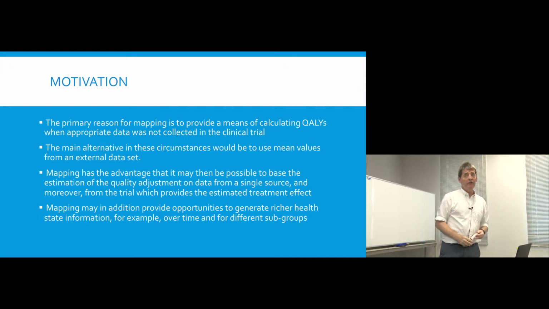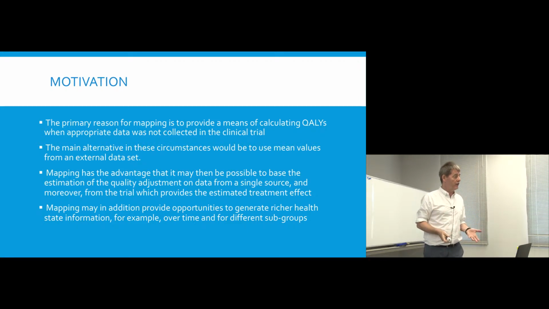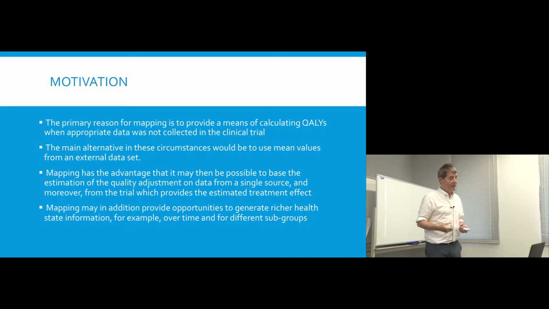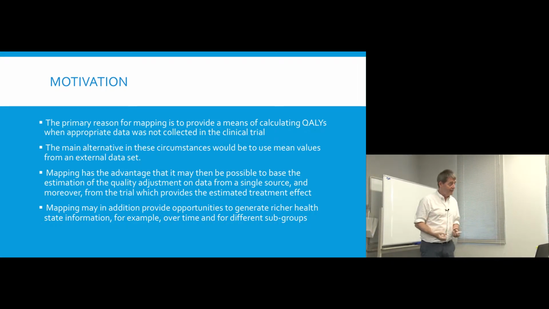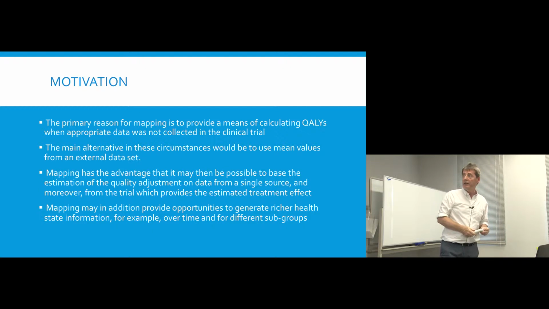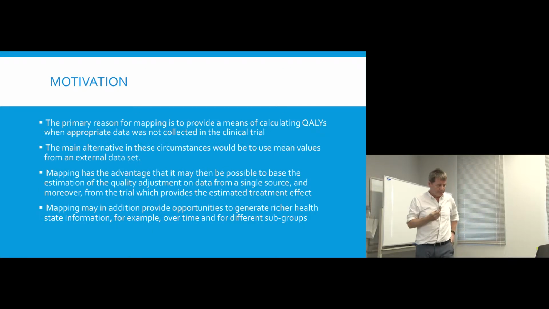The motivation is that quite frequently we have trial data that didn't include measures such as EQ5D, but did include some condition-specific measures. And so it's quite attractive to take the data we do have and transform it, translate it, map it into EQ5D data we don't have.